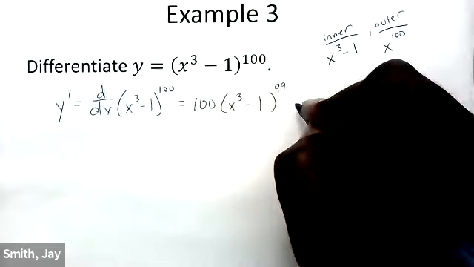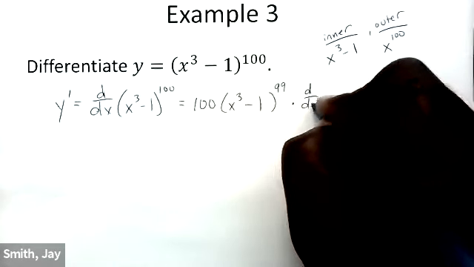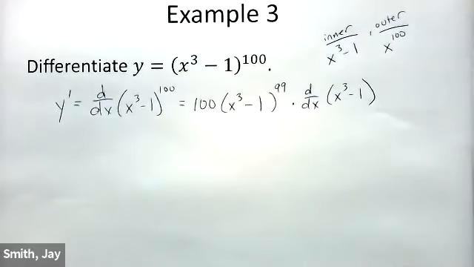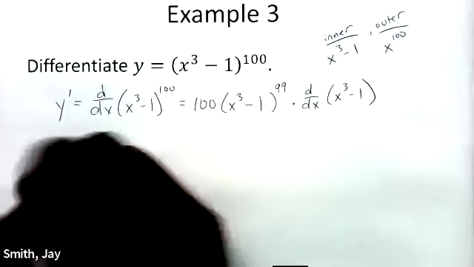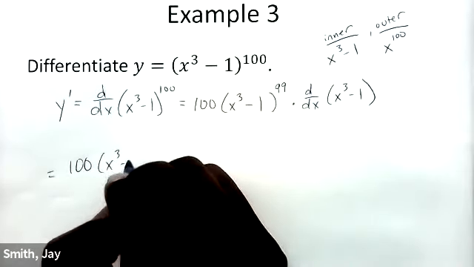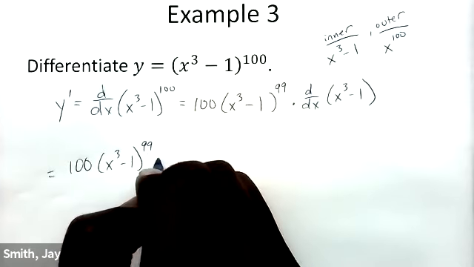And we're still multiplying this by the derivative of the inner function. Or in this case, it will be d dx of x cubed minus 1, which is my inner function. Still simplifying, this is going to give me 100 times x cubed minus 1 to the 99th power.